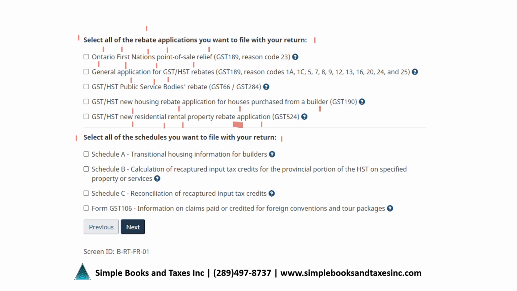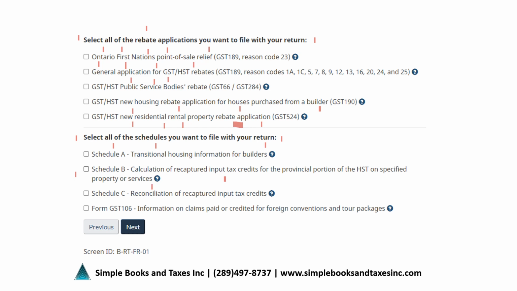We also don't have any schedules, but we are going to read Schedule A, Transitional Housing Information for Builders. Schedule B, calculation of recaptured input tax credits for the provincial portion of the HST on specified property or services.